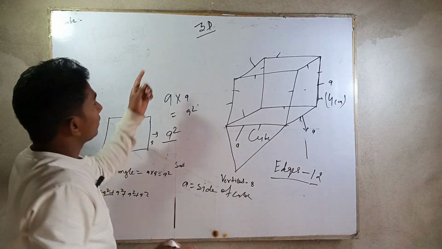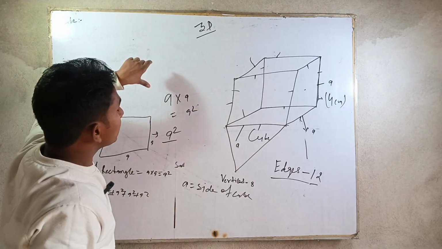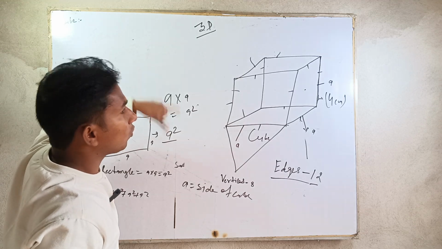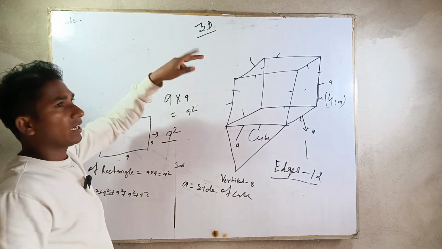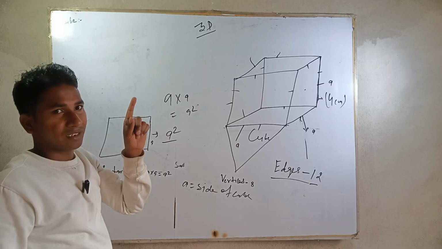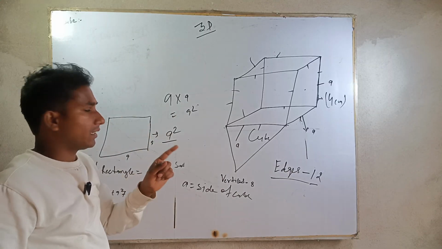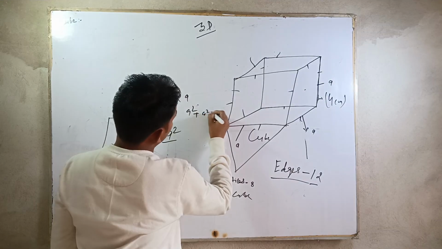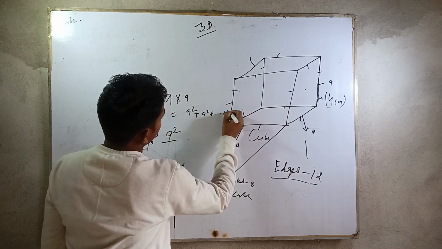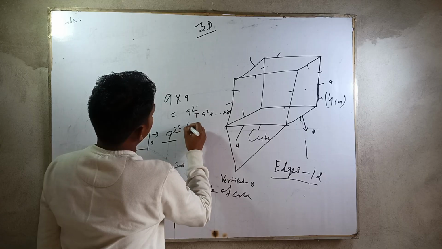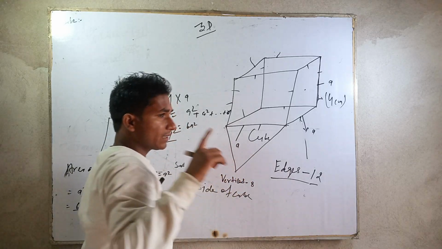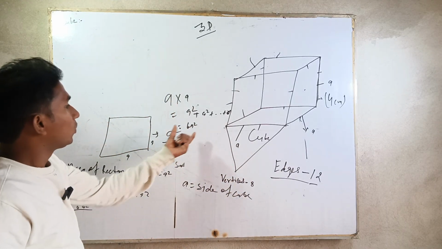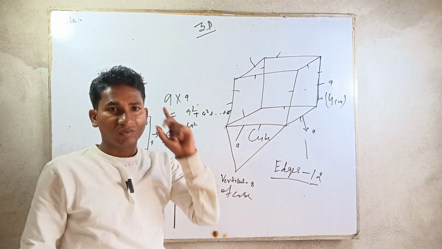If one wall's area is a square, I have 6 such areas, so the total is 6a square. It is called the total surface area of the cube.